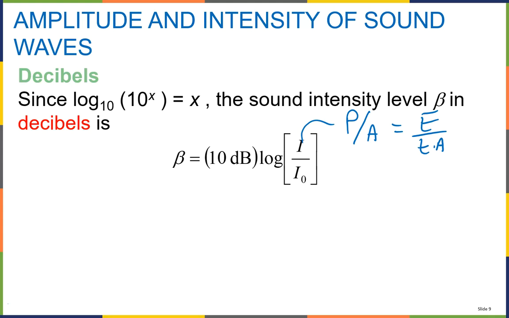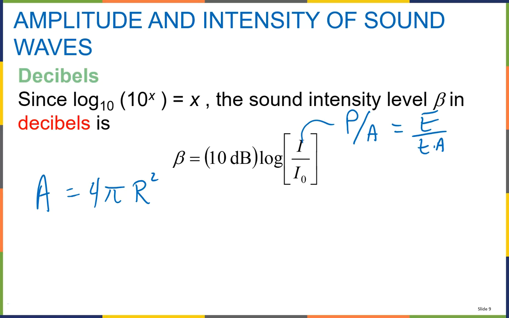So the intensity drops off as 1 over radius squared, because area, you probably don't know the equation for the area of a sphere, but it's 4 pi r squared. And so the intensity is the energy per time, or power, divided by 4 pi r squared.